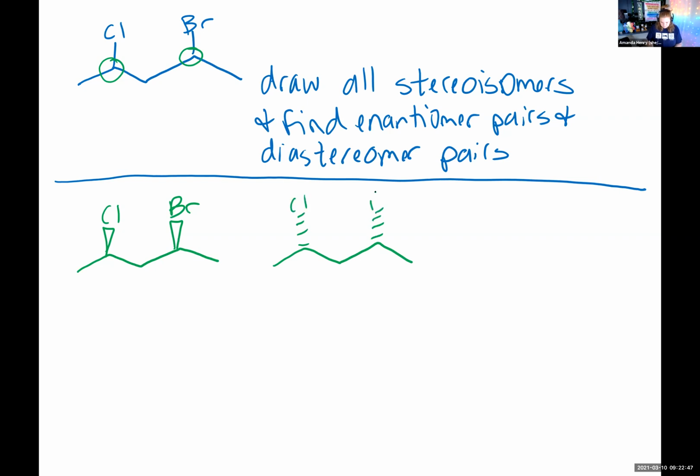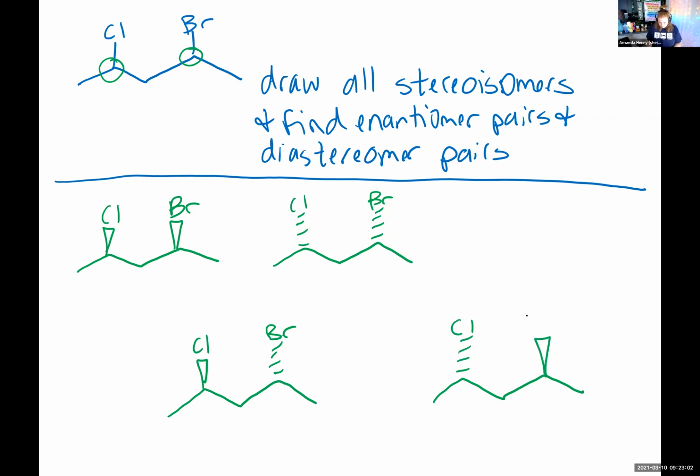Or they could both be dashes. Or the chlorine could be a wedge and the bromine a dash. Or the opposite. That's it. Those are the 4 stereoisomers for this molecule.